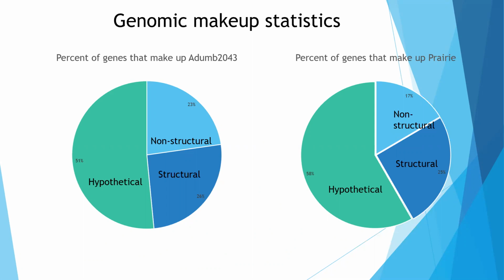Whereas in Prairie, 58% of the genes were hypothetical. That means we know even less about this phage. Like I said, we're doing this research because we know very little about these phage. We know less than 50% about what their genes do.